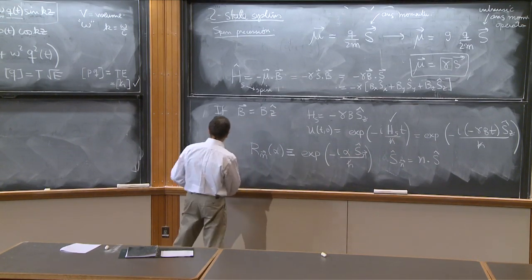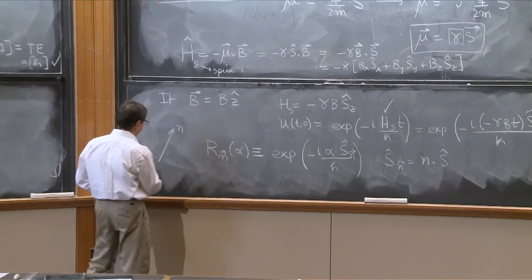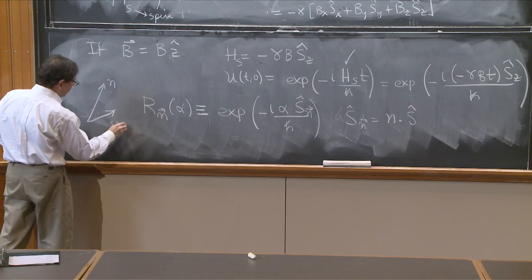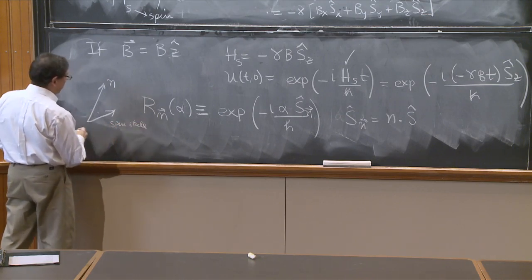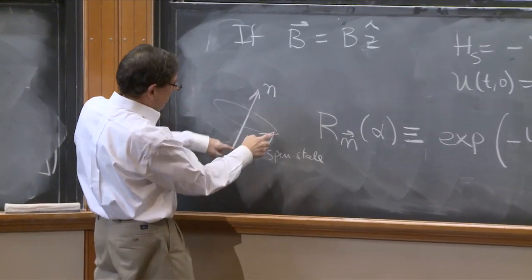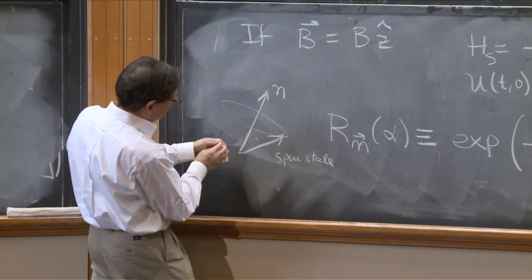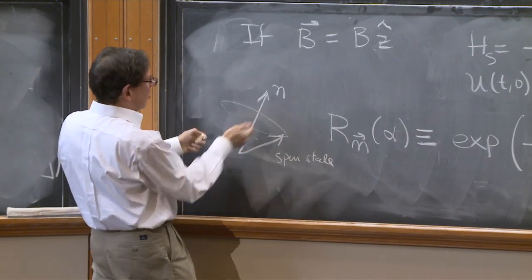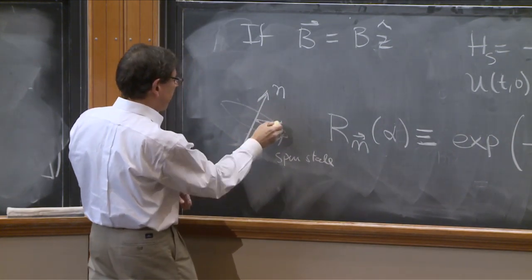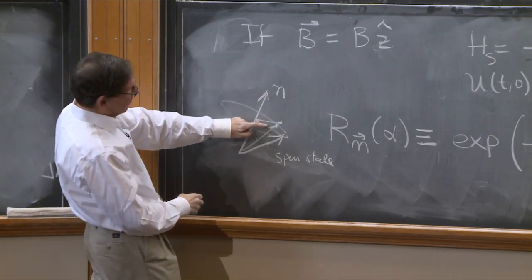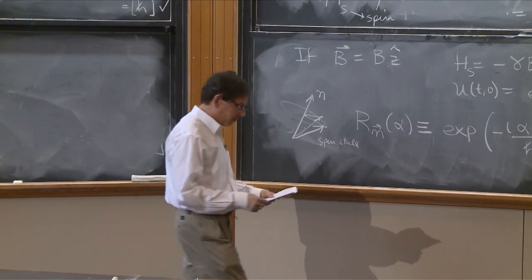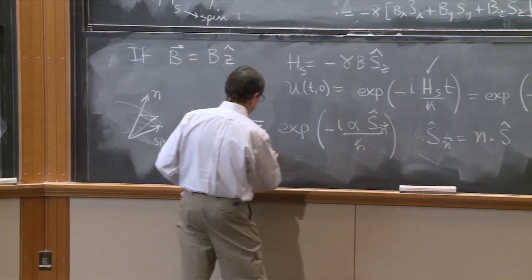So if you had the n direction here, and you had any spin state in some arbitrary direction, it would rotate it by an angle alpha around this. So if you have this, it would rotate it to another point over here with an angle alpha in between. So in words, it rotates spin states by an angle alpha.